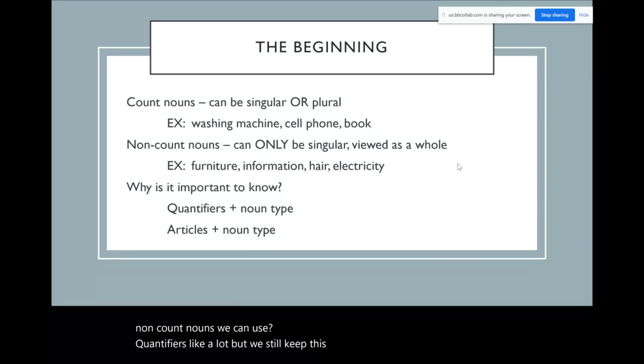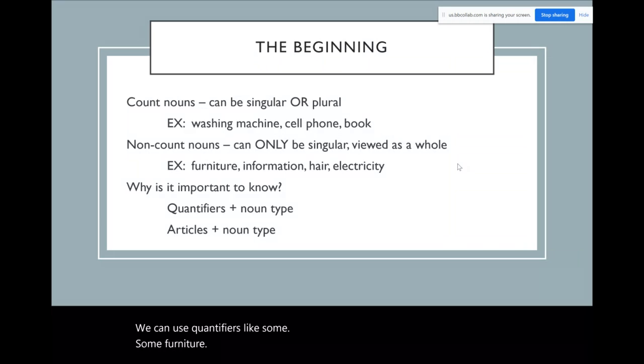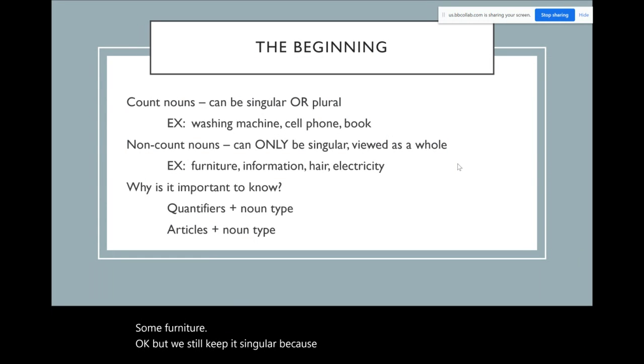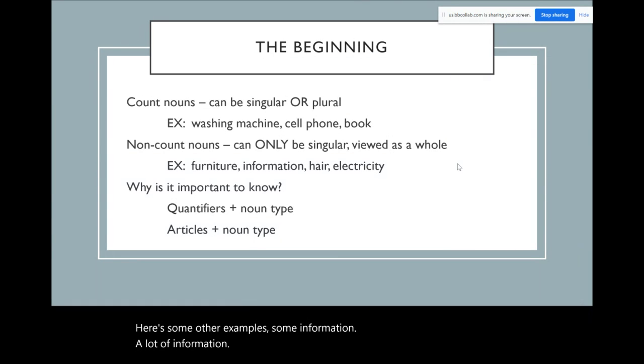A lot of furniture. We can use quantifiers like some furniture, but we still keep it singular because it's a non-count noun. Here's some other examples. Some information, a lot of information. You see, we don't say informations because it's a non-count noun.